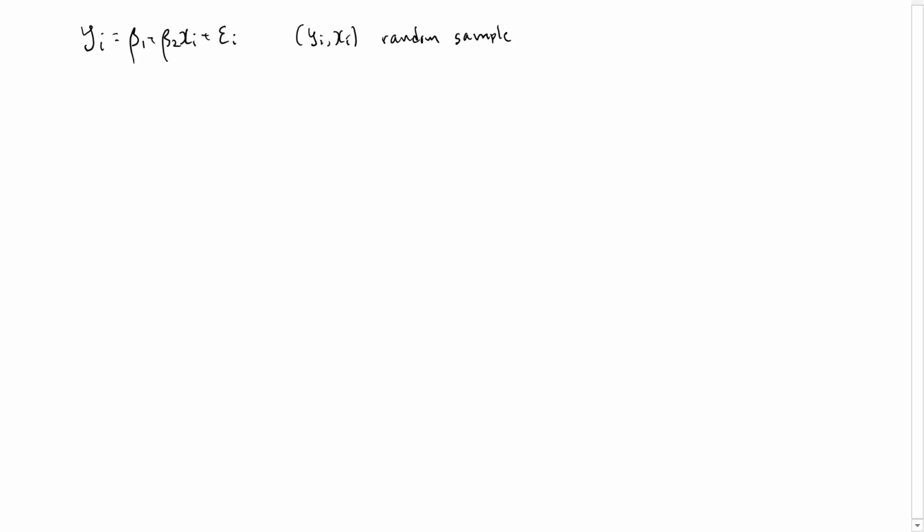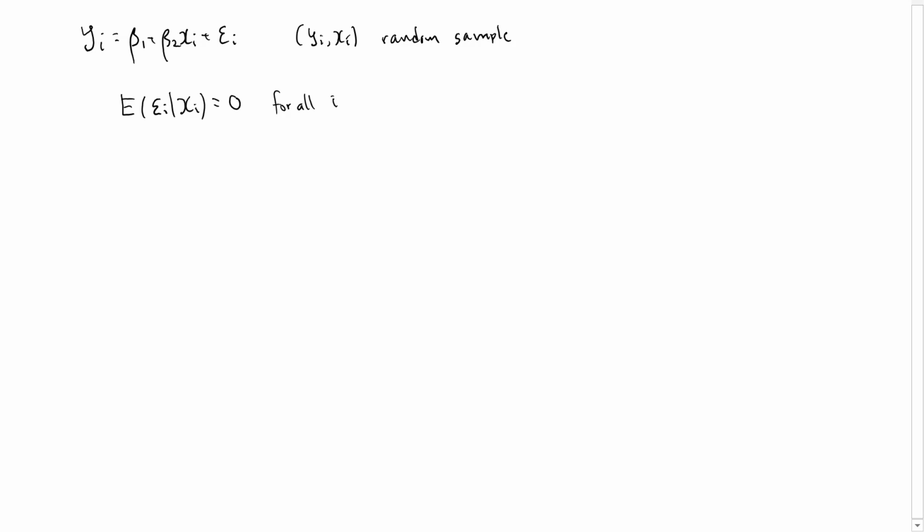With the random sample, we specify the exogeneity assumption as the expected value of the error term conditionally on x_i must be equal to 0 for all i and all possible values that x_i can take.